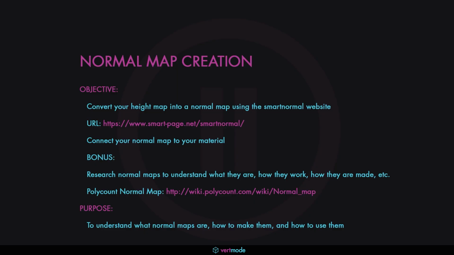We will be using normal maps much more heavily in the coming projects, but that's a brief overview of what they are. Now, as an additional challenge, what I want you to do is do some reading on normal maps. Don't just take my word for how they work. Actually delve in, read about it, get to know how they work, where they're used, how they're made, because it will make a massive difference in your artwork moving forward when you get into more advanced workflows.